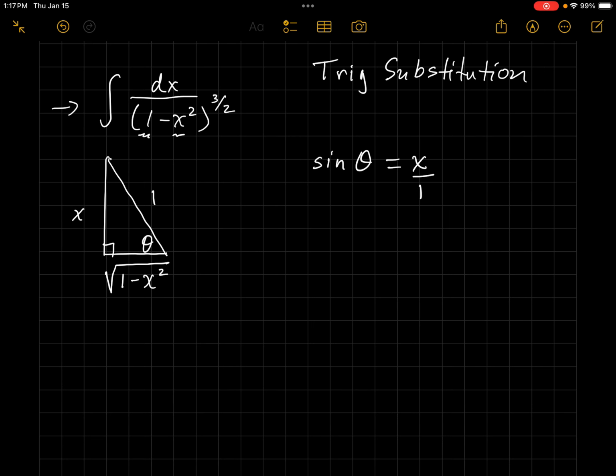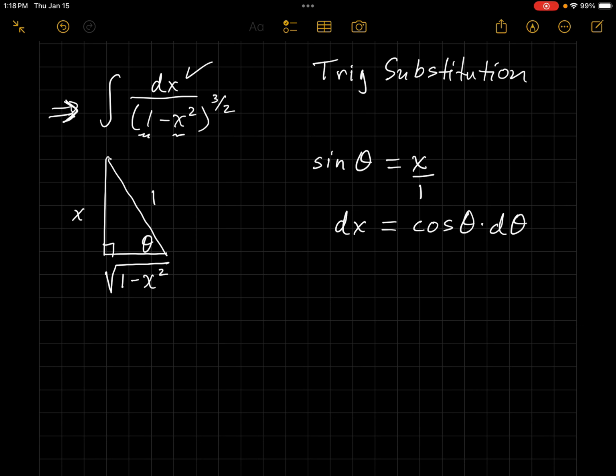So what we want to do now is substitute everything that has an x in this integral for something with a theta. Let's start with dx. If x is sine theta, then dx is cosine theta d theta. All right, that's taken care of.